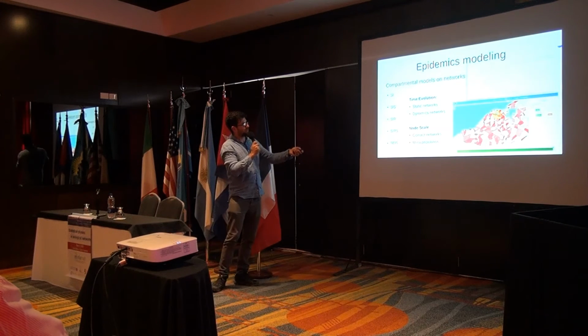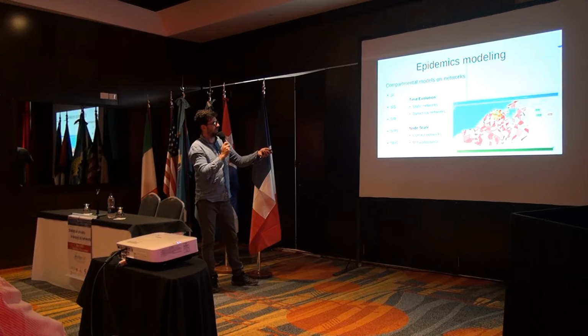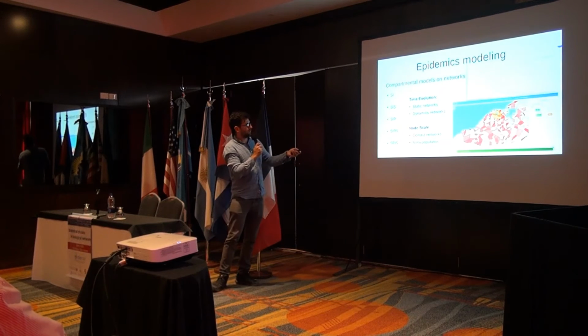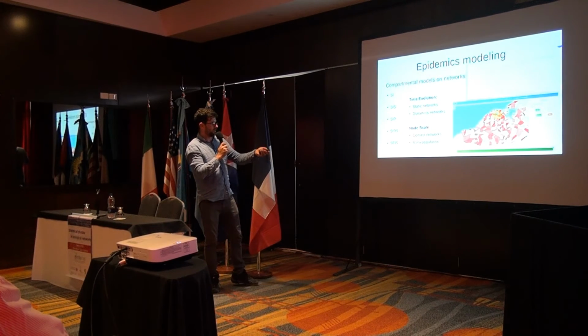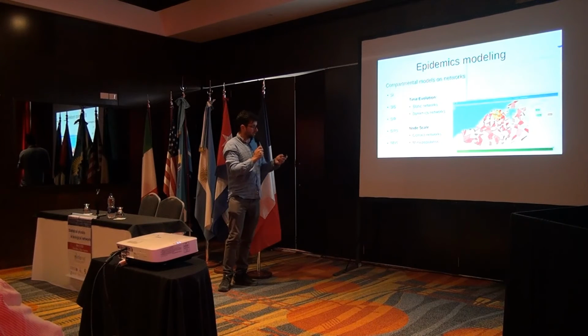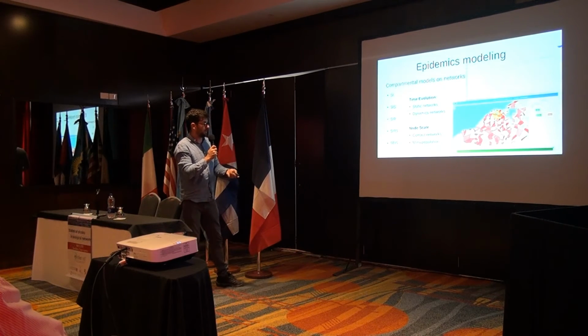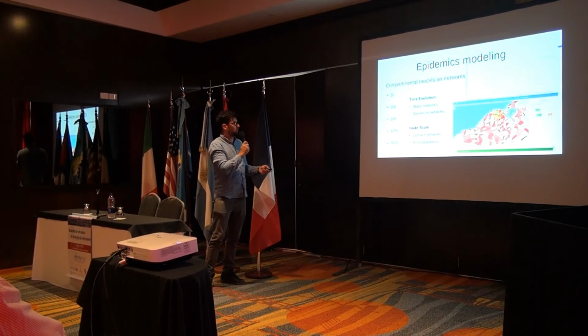And in principle, we can also run some simulations. This is an example of a SIR model of an epidemic starting at one of these points and then considering the movement. I'm just telling you this because it's part of the project, but this is not what I'm going to talk about now.